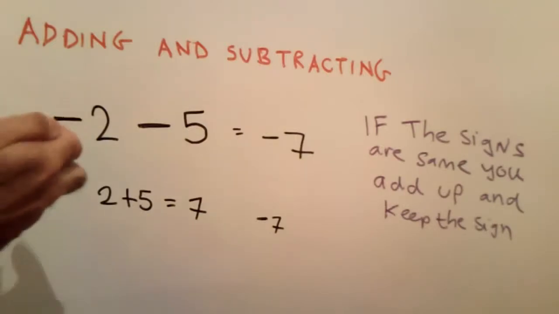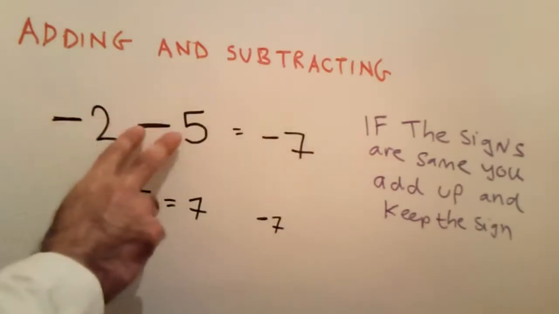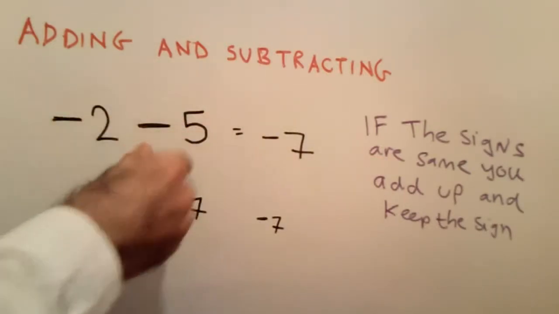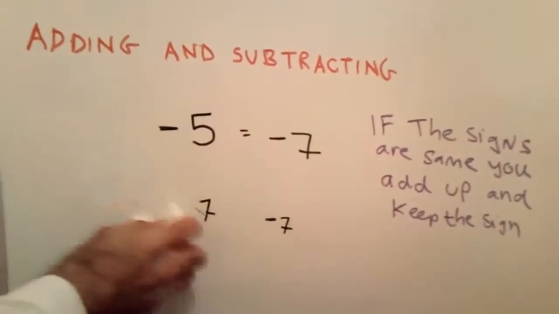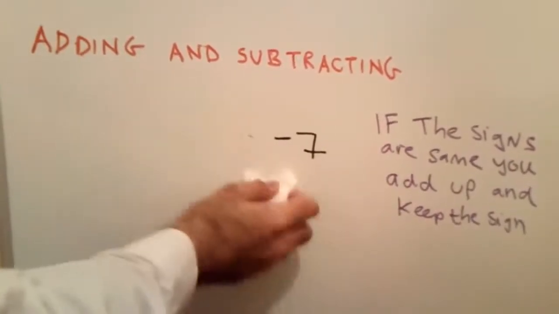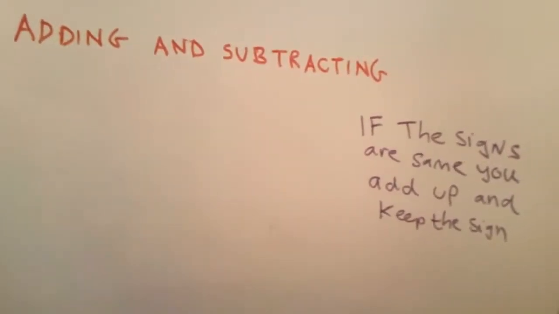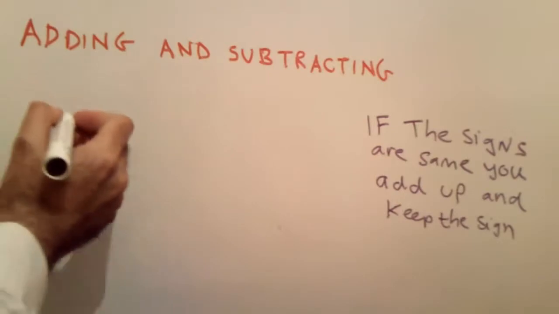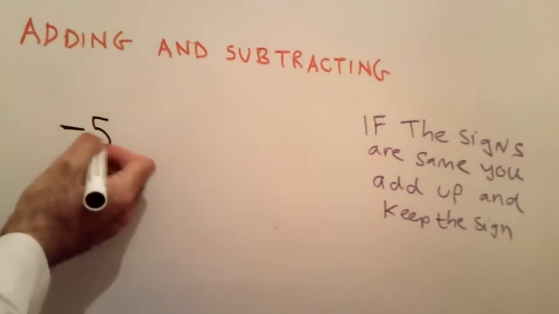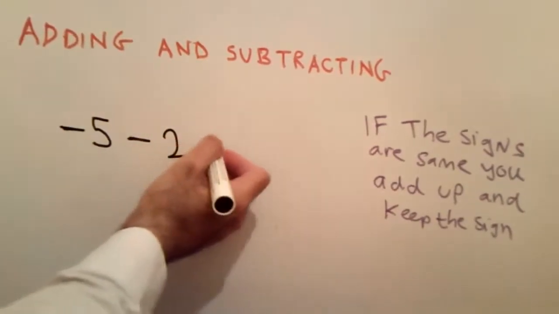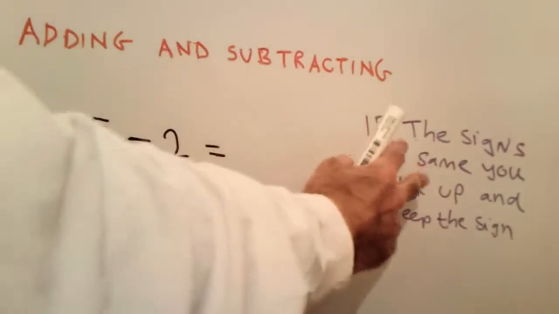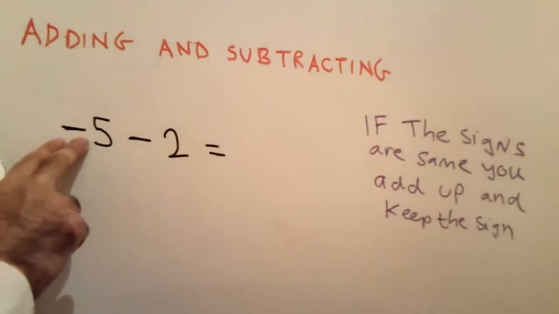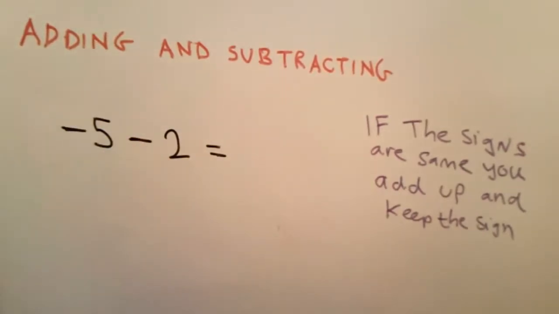So looking at this, if the signs are the same, you just add them up and you keep the sign. So what would happen if I did -5 take away 2, would I get the same answer? So signs are the same. We've got -5 here and a -2.